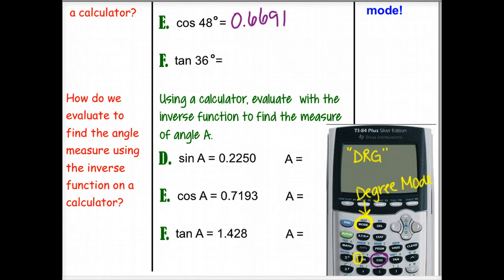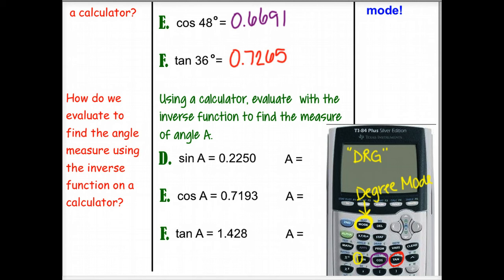And finally, for the tangent of 36 degrees, the tangent button is right down here, and I will hit the tangent of 36 degrees, and that will give me 0.72654, so 0.7265 will be the number that I'm looking for.